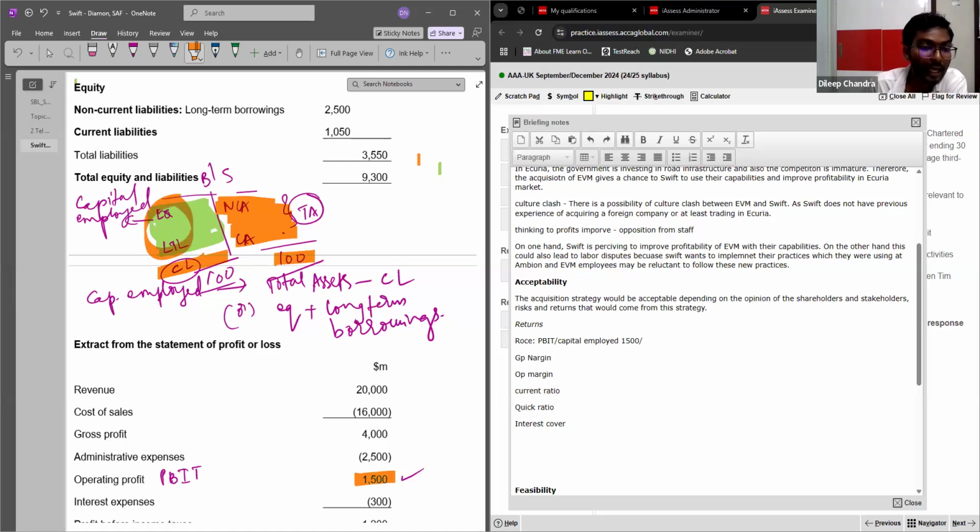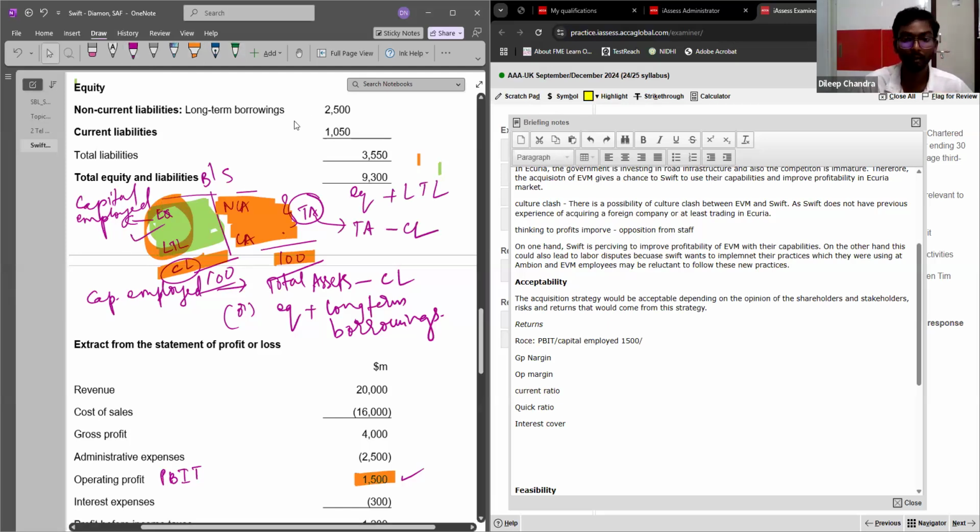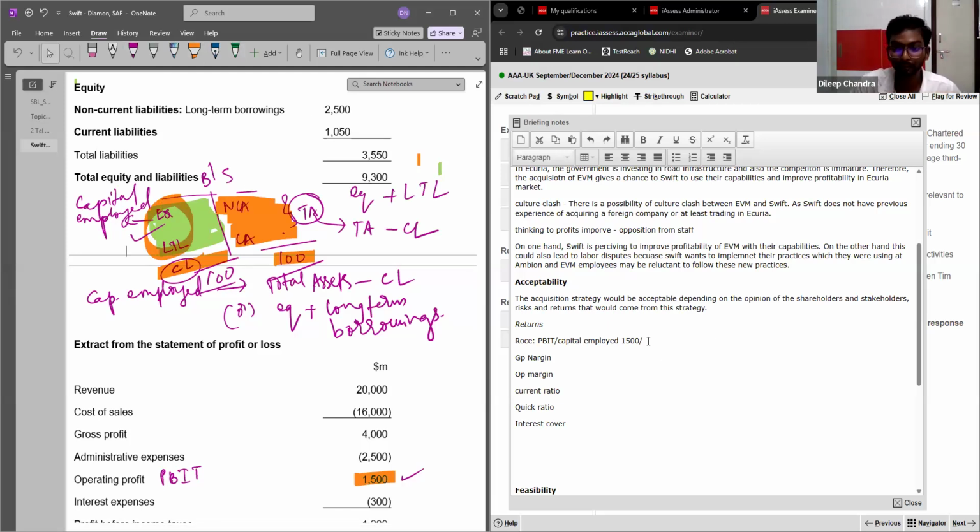Rather than directly saying equity plus long-term liabilities, we can say total assets minus current liabilities; we end up with equity plus long-term liabilities. Understood that formula?